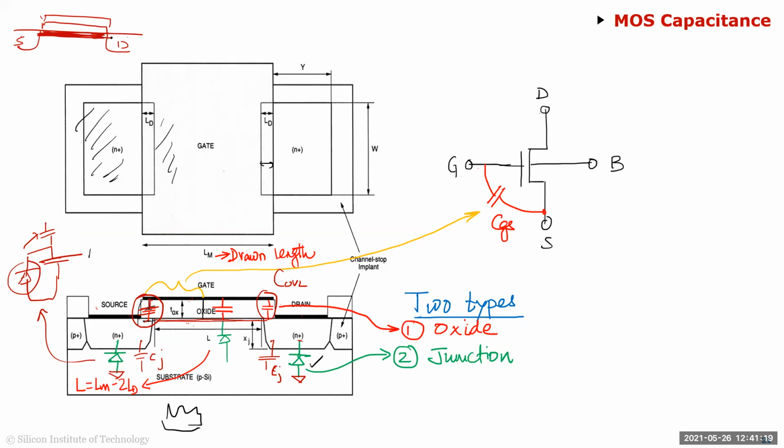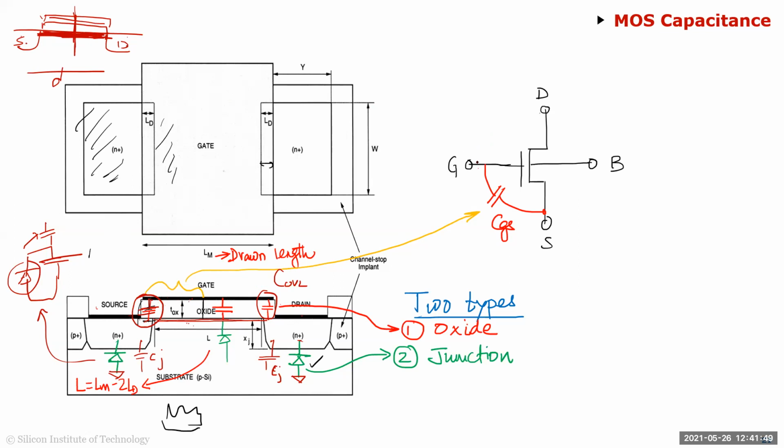That means you'll have a uniform channel here if VGS is greater than VT. Then this oxide cap is between the entire gate and this thing. But we don't have this node in the schematic, this channel. We don't have access to this node, right? We have access to the source, we have access to the drain, and we have access to the bulk. So that's why we have to split this. And so that's why you'll see CGS is split into half when the channel is formed completely in linear mode.